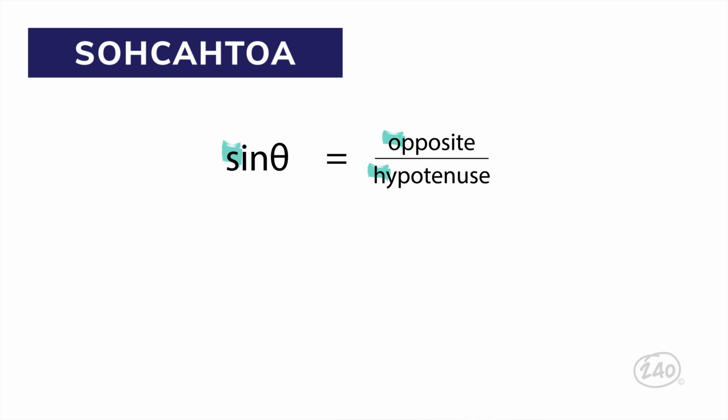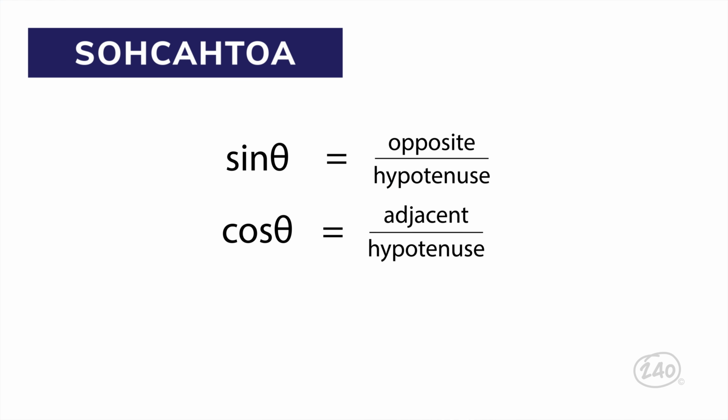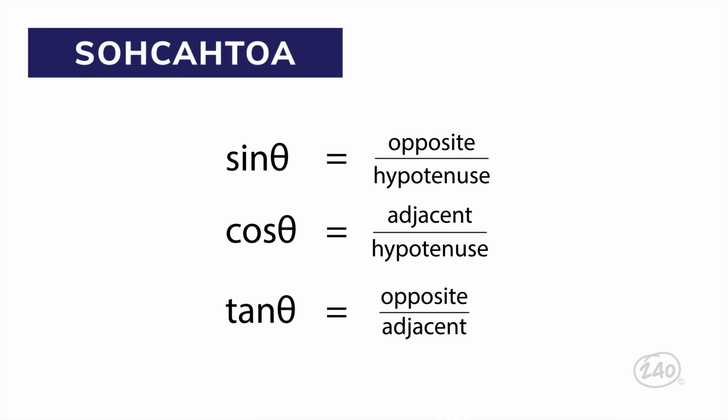That's the SOH part. If you're trying to solve for cosine, you take the adjacent side divided by the hypotenuse. So C equals A over H is our CAH. And if you're trying to solve for tangent, you want opposite over adjacent. So that's the TOA.